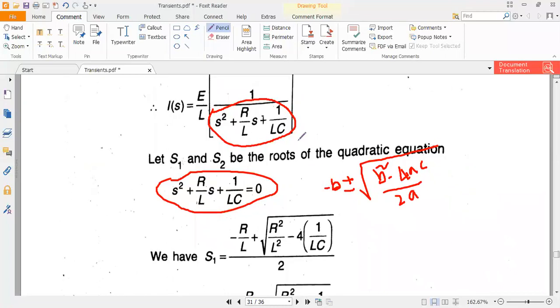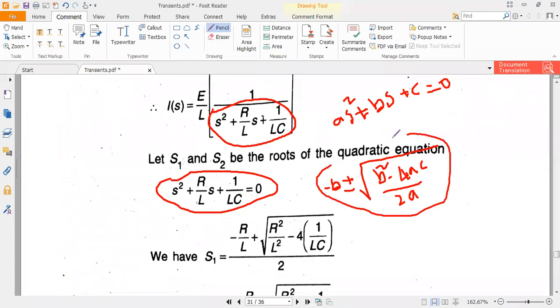So this is the formula, and the standard equation is A into S square plus B into S plus C is equal to 0. So in this equation, if you compare these two equations, in the place of A you are having 1, and in the place of B you are having R by L, and in the place of C you are having 1 by LC. Then you can substitute in this formula the A, B, C values.